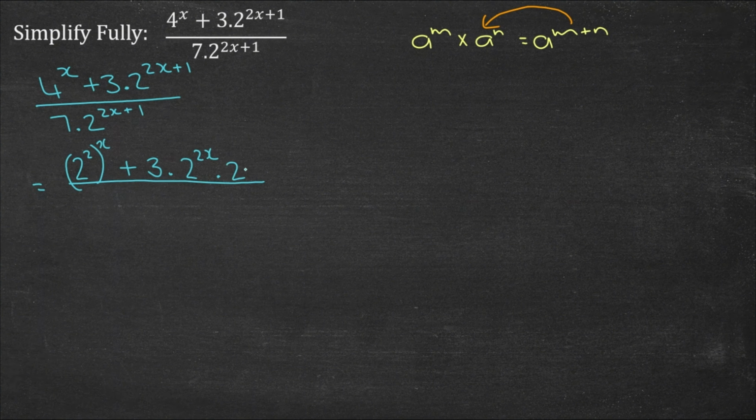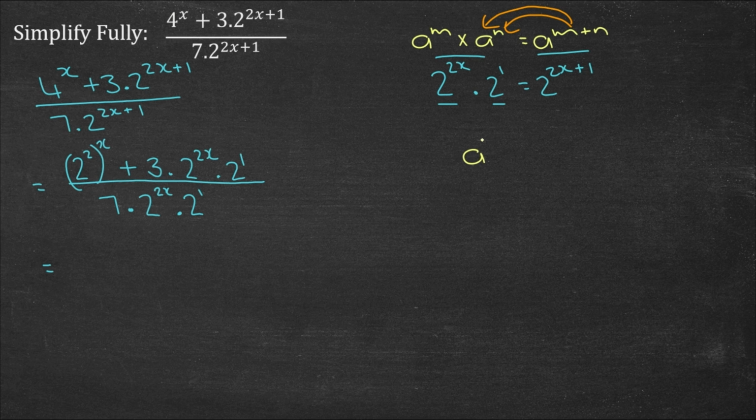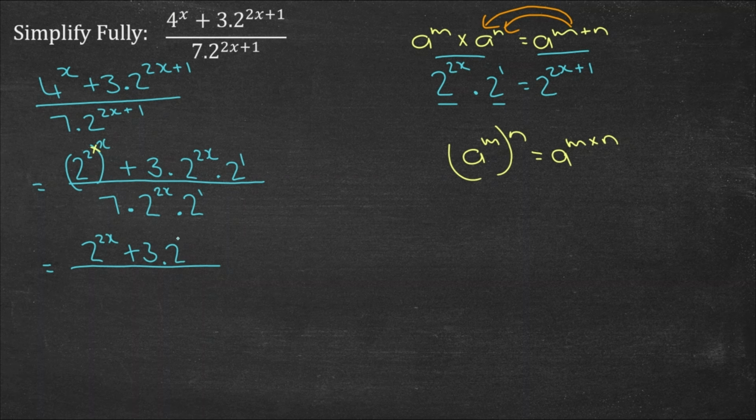The exponent law says, if I have a base with an exponent or a power, and it is raised to another power, then you keep your base and you multiply the exponents. And this is exactly what is happening here. I've got a base with an exponent or a power and it's raised to another power, so I'm going to multiply the exponents. That means we've got 2 to the power of 2x plus 3 multiplied by 2 to the power of 2x multiplied by 2.